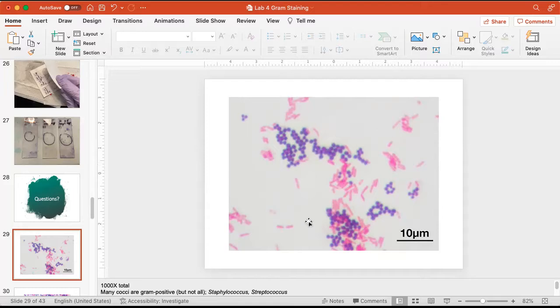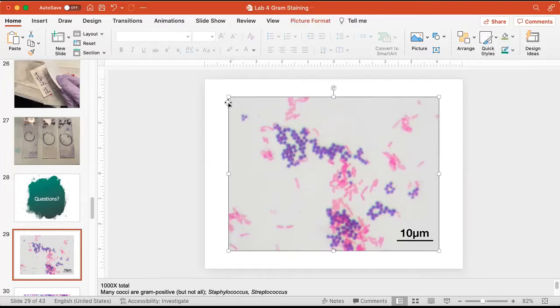Now we are under the 100x lens here. So remember, that's 1000x total magnification. You take the power of the lens and multiply it by 10, which is the power of the eyepieces. So 1000x, this is our best view, our highest magnification for cells.